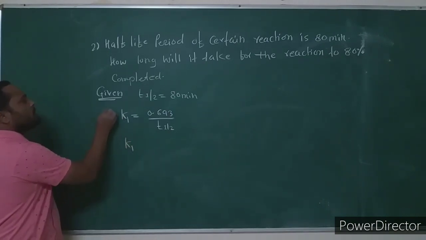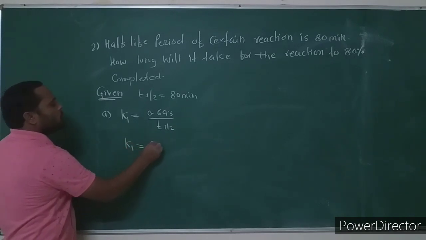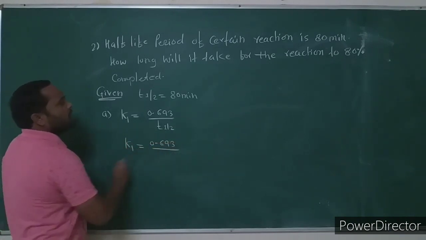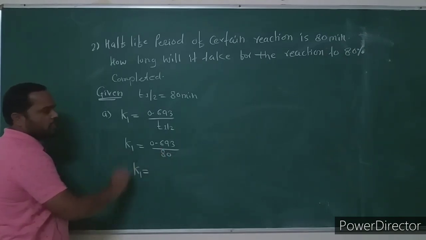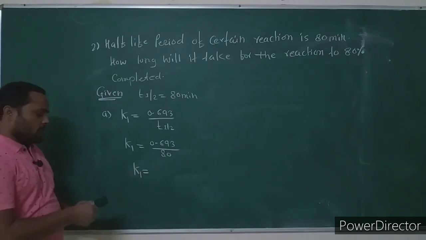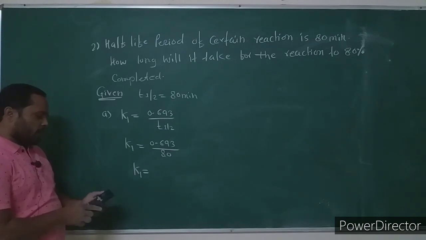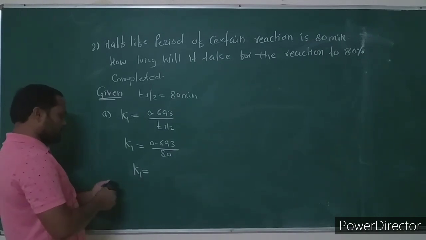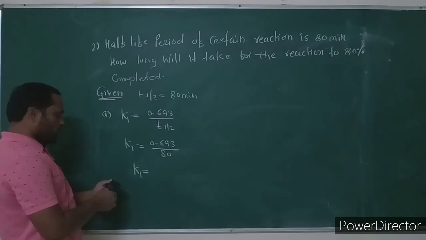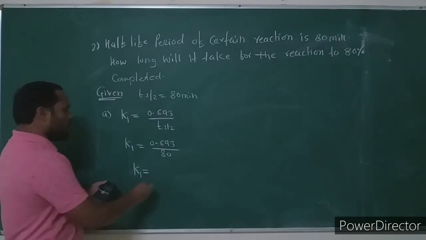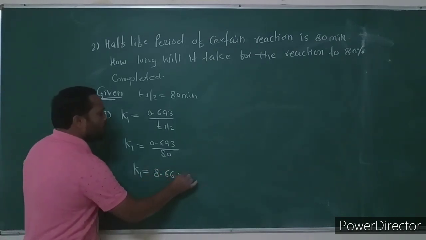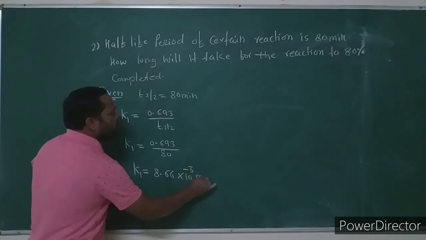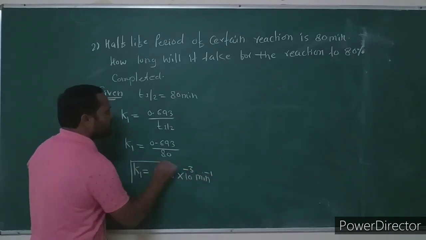Then K1 is equal to 0.693 divided by 80 minutes, which is equal to 8.66 into 10 raised to minus 3 per minute.